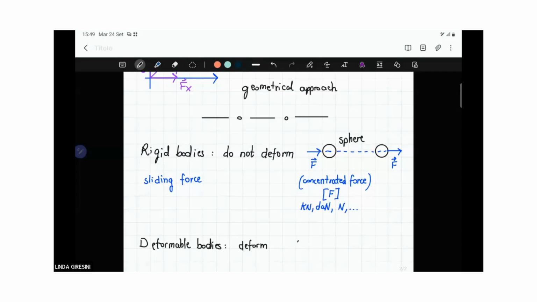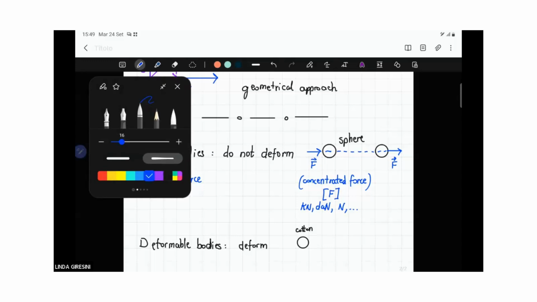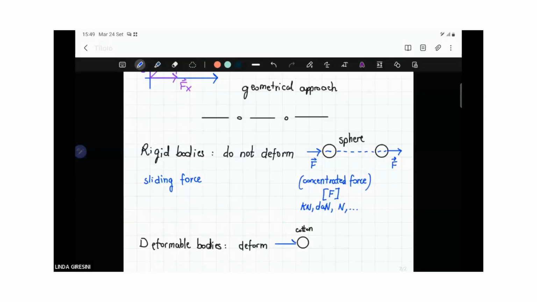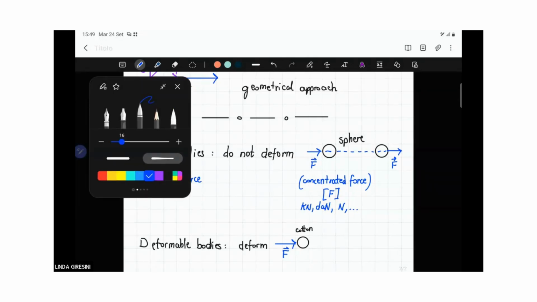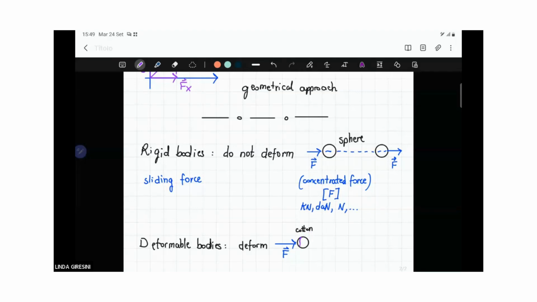So if this is a piece of cotton, for example, and I apply the same force as before in one point, it will modify like this, maybe it will deform like this. In the application point, it will deform maybe like this. So in the violet, you see the deformed shape.